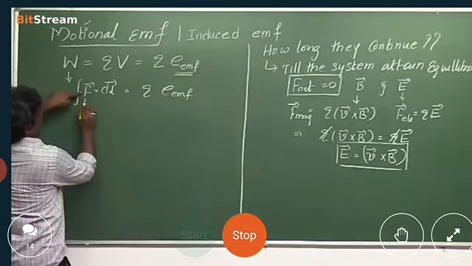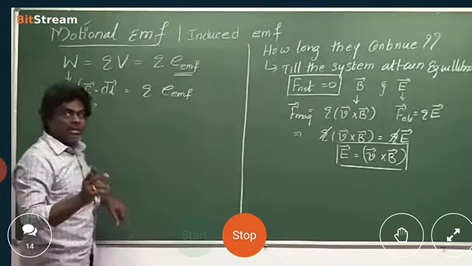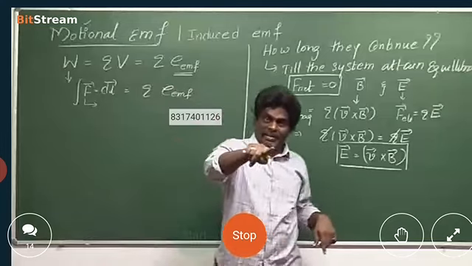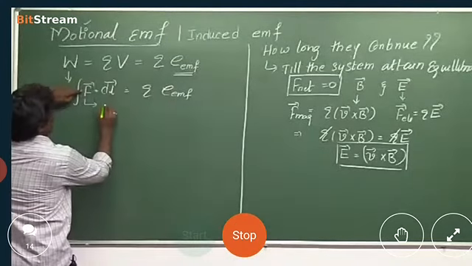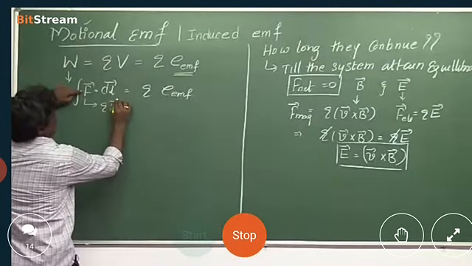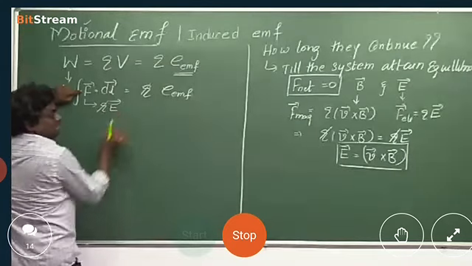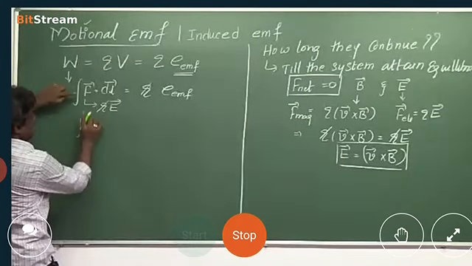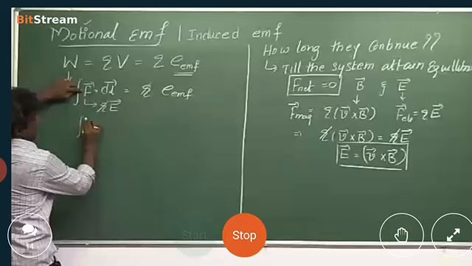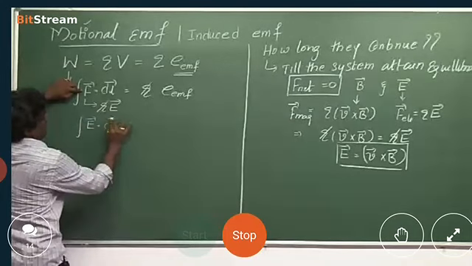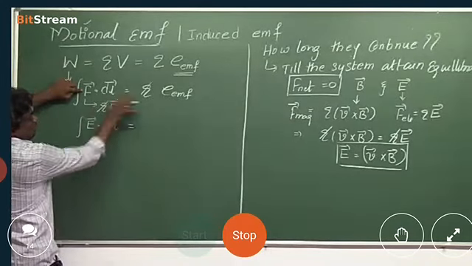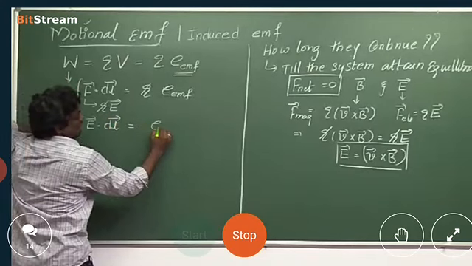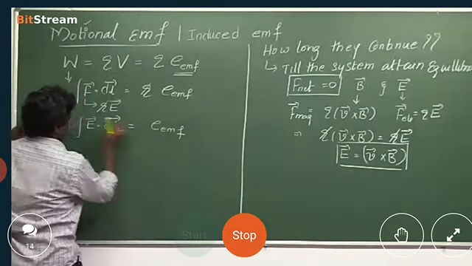You know which will do the work, electric field or magnetic field? Electric field. Then what is the force? QE bar. This Q gets cancelled. Integral, what is the remaining? E bar. Don't forget. Q gets cancelled. Integral E bar dot dl bar is equal to EMF.